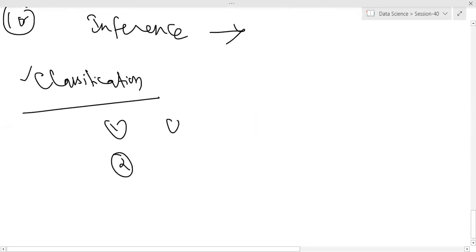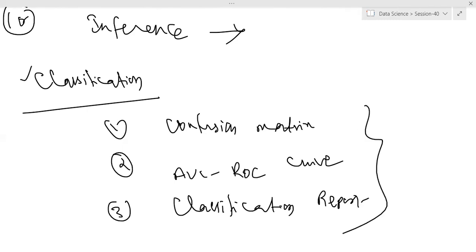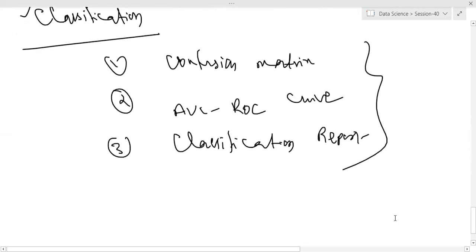Confusion matrix. AUC ROC curve. Classification report. These are all the important aspects where you can refer the specification of classification.